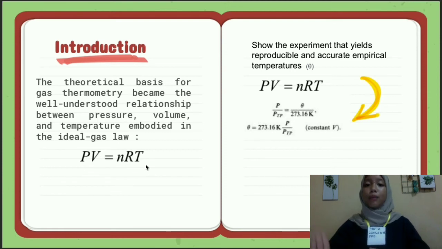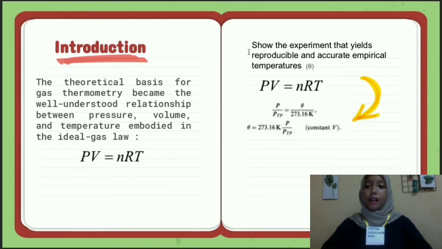gas law, which can be written: pressure times volume equals the number of moles times R times temperature, where R is the molar gas constant and the value is 0.0821, and the temperature uses the Kelvin symbol.